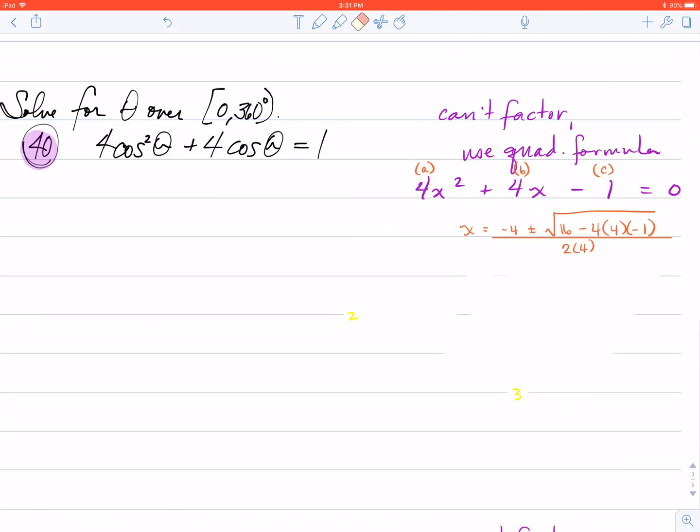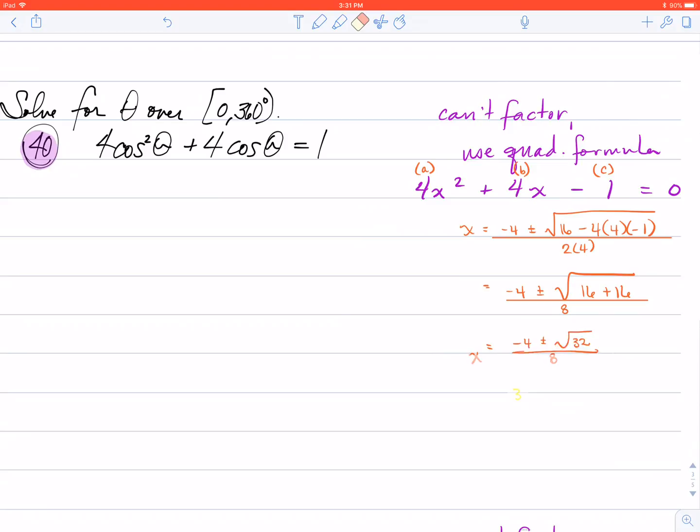So the first thing I do is plug and chug into my quadratic equation. X equals negative b plus or minus the square root of b squared minus 4ac all over 2a. You might have a song running through your head because there is one that goes with it. And we'll clean that up a bit so that we have x is equal to negative 4 plus or minus the square root of 32 all over 8. I can simplify this further.